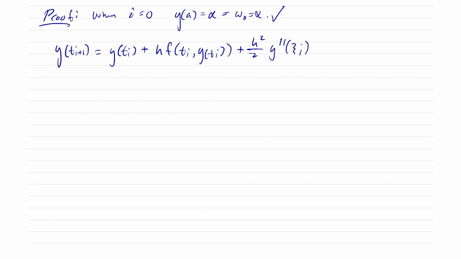This holds for i equals 0, 1, 2, all the way up to n minus 1. And then we also have w_{i+1} is equal to w_i plus h times f(t_i, w_i), straight from the definition.